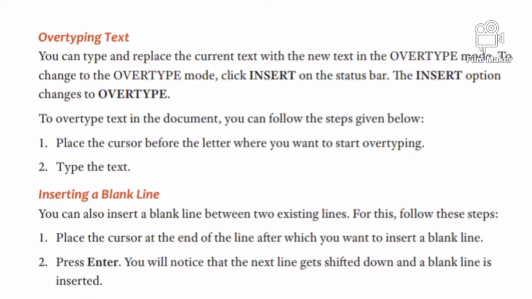The same point. You have to give position to the cursor, and where? You have to place the cursor at the end of the line where you want to insert the blank line. Okay, so you have to place the cursor at the end of the text where you want to place the blank line.